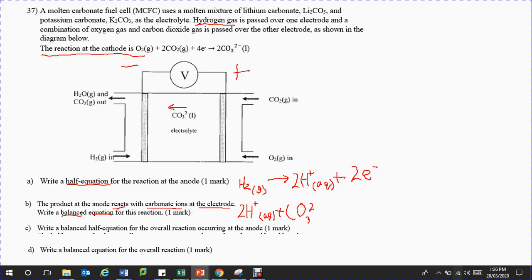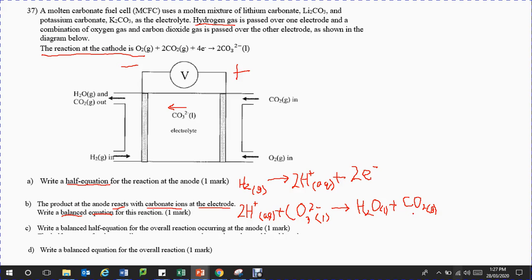If I look at the diagram, it tells me what these products will be, because it's showing me that water and carbon dioxide are coming out. So that has to be my products. So I've got water, liquid, plus carbon dioxide, gas.